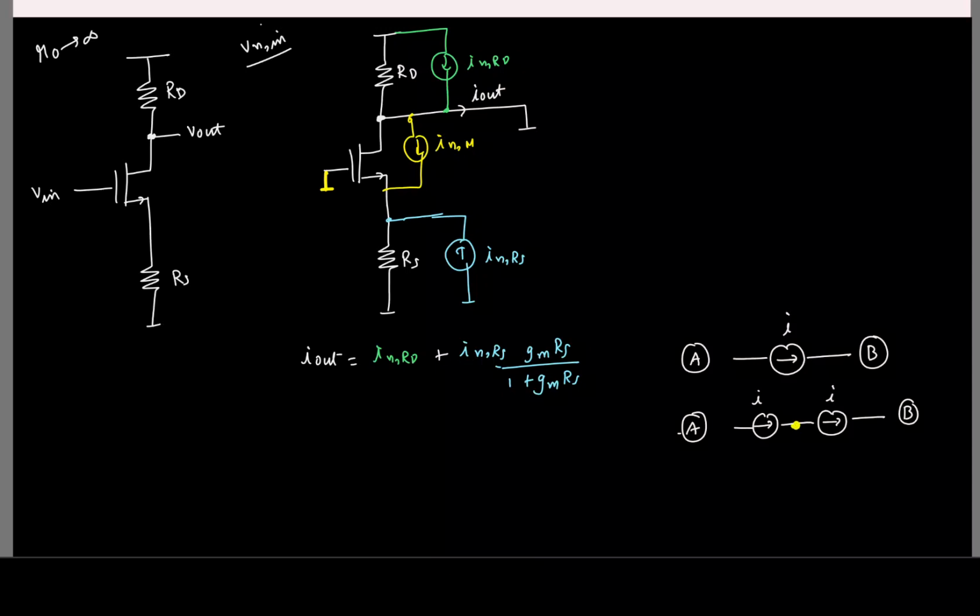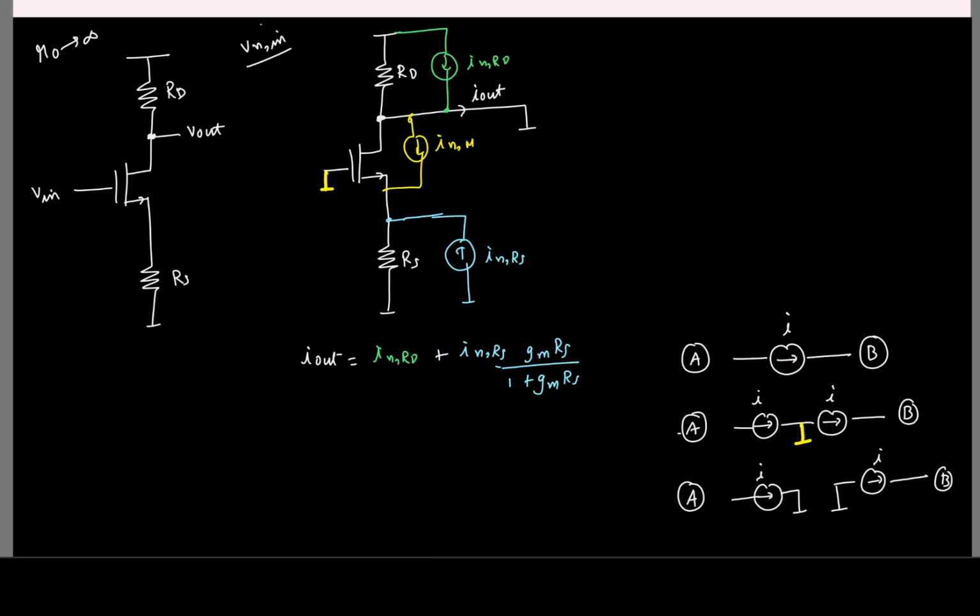And what can you say about this potential? We cannot say, it can be anything in the world. So if it can be anything in the world, what can you choose it to be for your convenience? 0. Okay. So basically now I can say that I have a case like this. Right.